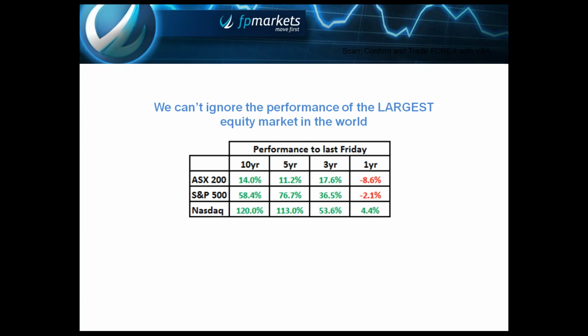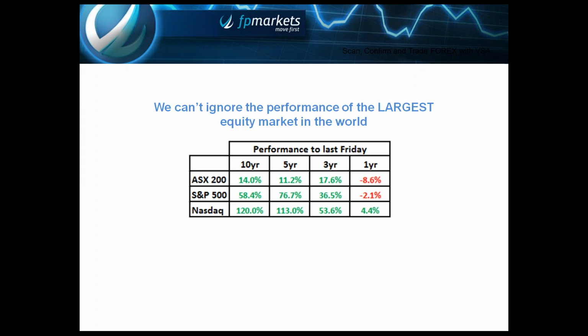And look, I think it's also important that when we look at markets more recently, we do have to look at what has happened to markets as they've been selling off. And once again, we've had outperformance with the US markets. The ASX markets were down 8.6%.